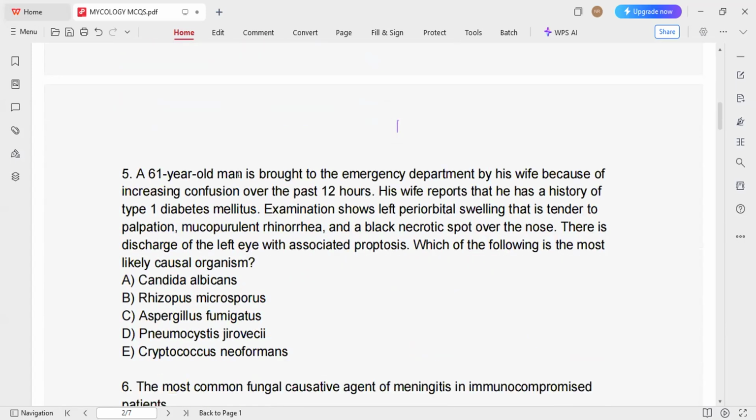Number 5. A 61-year-old man is brought to the emergency department by his wife because of increasing confusion over the past 12 hours. His wife reports that he has a history of type 1 diabetes mellitus. Examination shows left periorbital swelling that is tender to palpation, mucopurulent rhinorrhea, and a black necrotic spot over the nose. So what fungus is this?